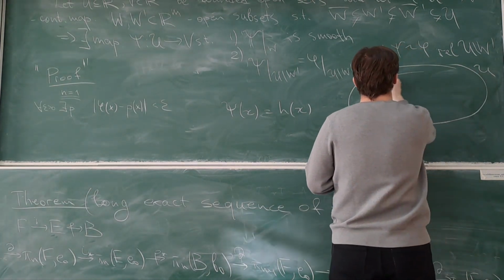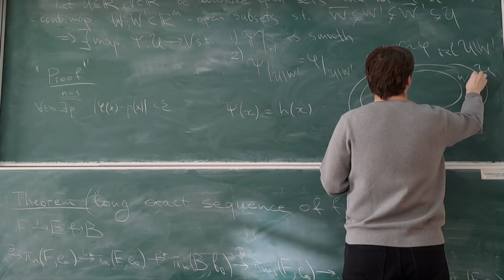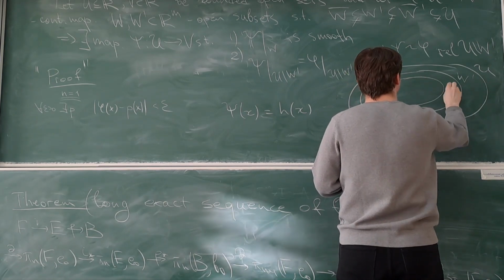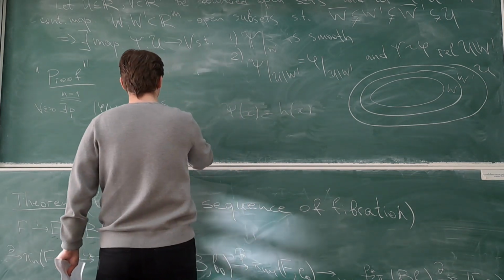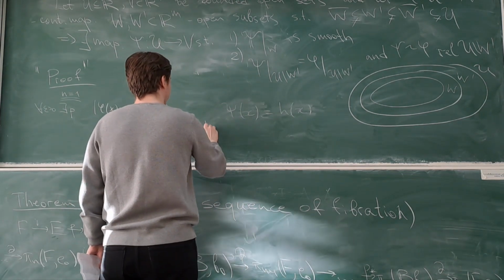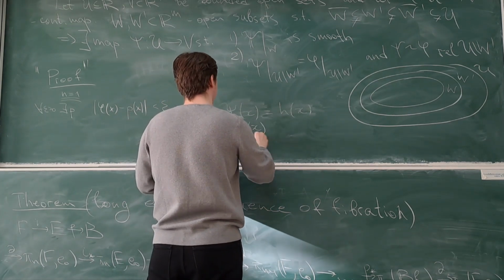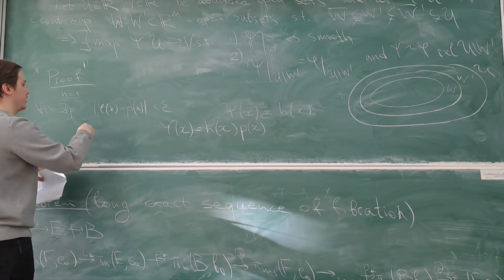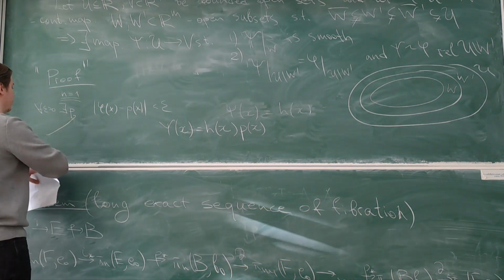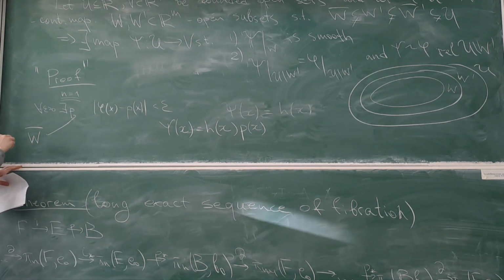So always you have this U. There is a W prime here, and there is some more W. I want to write a formula as follows: psi is h of x times p of x. So this polynomial can approximate your phi on some closed subsets. So let's assume that this polynomial is defined on the closure of W.